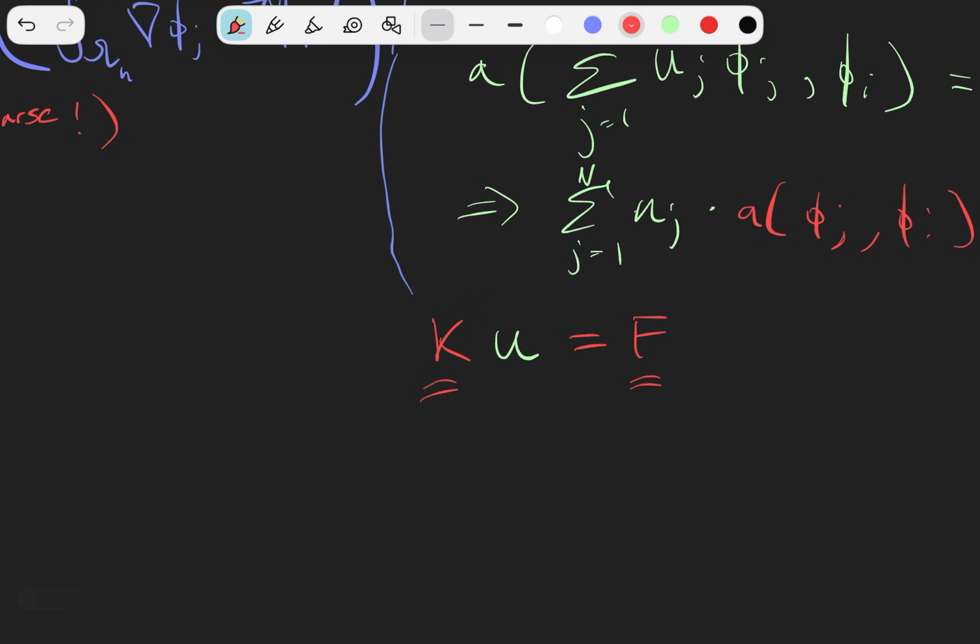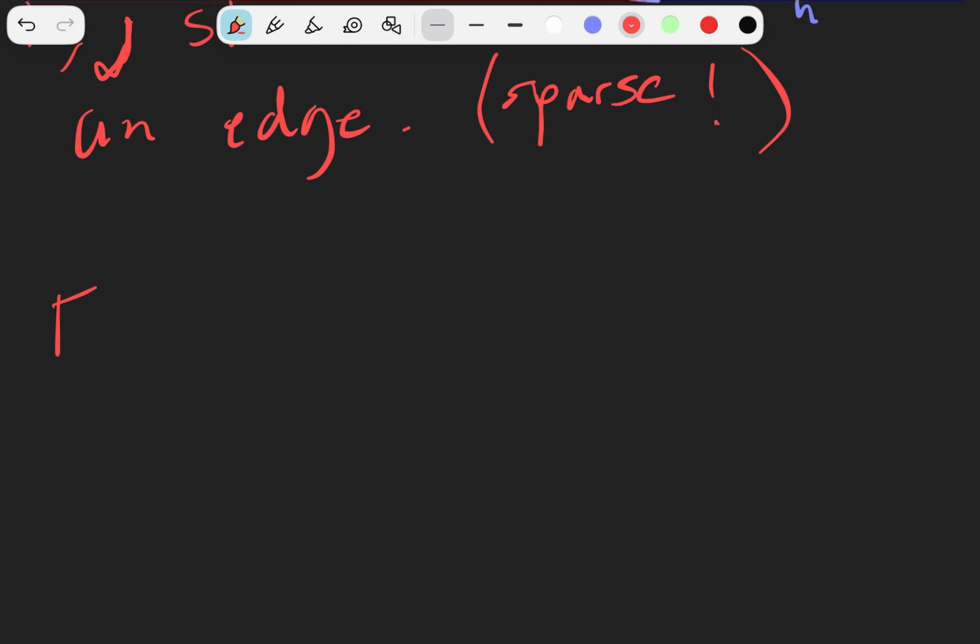The F here is just going to be, again, the external force that's lumped onto each node. So, F sub i, it's going to be like more of a matrix, but again, it's just the force that's lumped onto each of the nodes.